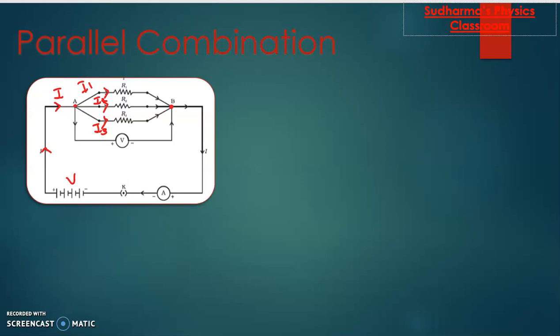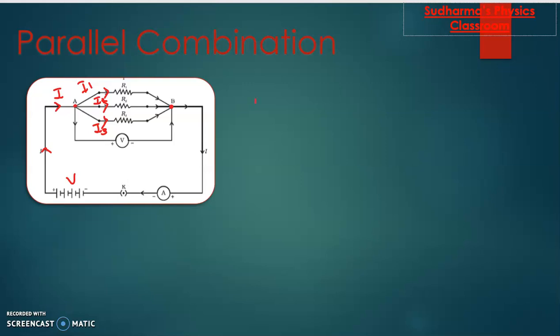Nobody is going to ask you the theory question from here, but we will have to apply this when we solve the circuit questions. So in the coming videos, I'll be coming with a lot of practice questions for series and parallel combination. Today I'm just going to explain the theory part. Remember, in the case of parallel combination, potential difference is going to be the same across all the resistors and current will split according to the resistance value.